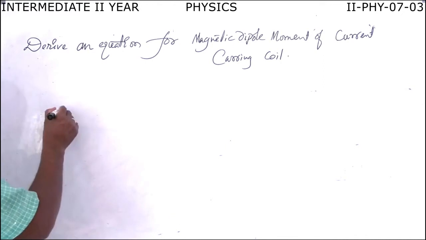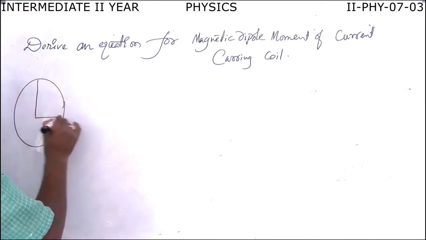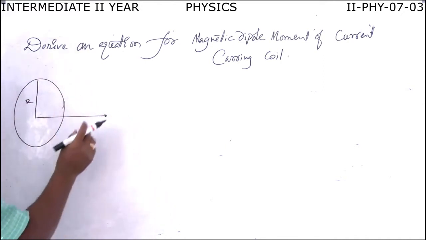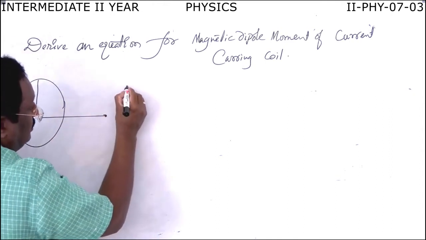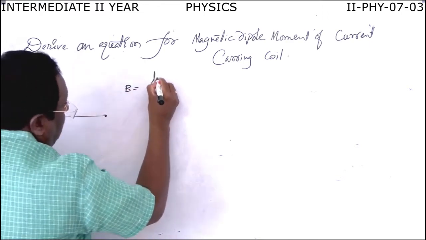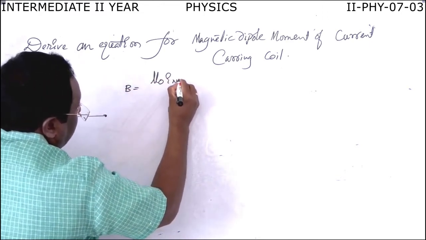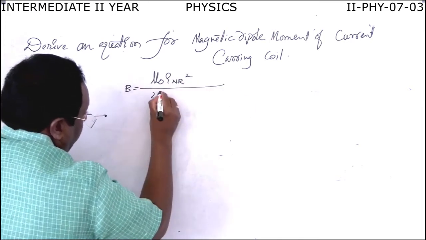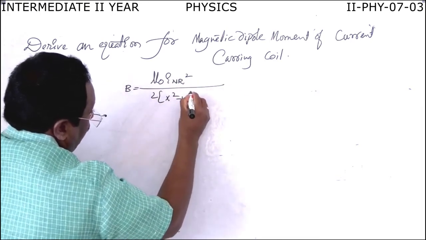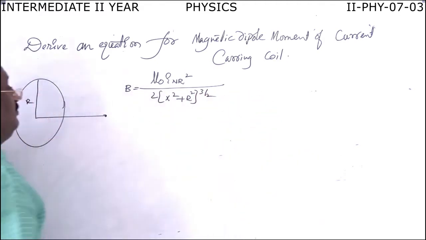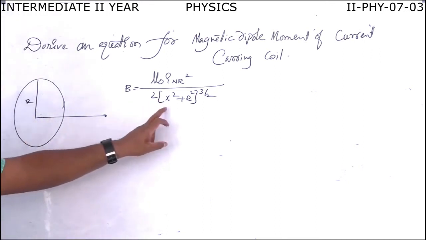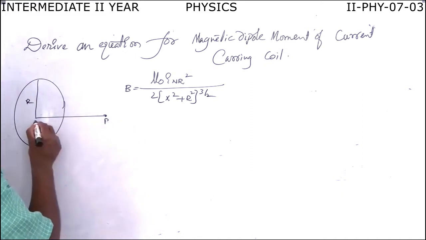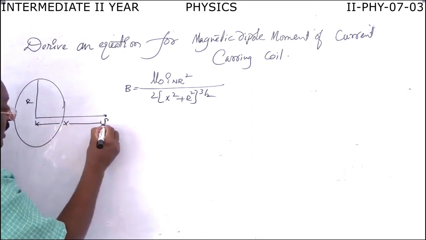Already we derived an equation for the magnetic field at a point on the axis of the current carrying coil. B is equal to mu naught I N R square by 2 into x square plus R square whole to the power of 3 by 2. It gives the magnetic field on the axis of the current carrying coil. Here, what is x? The distance of the point where we are calculating the magnetic field.